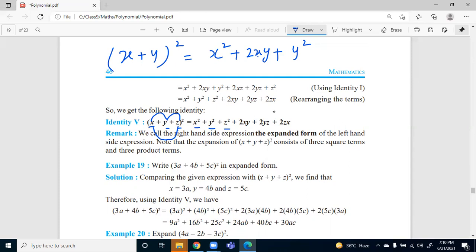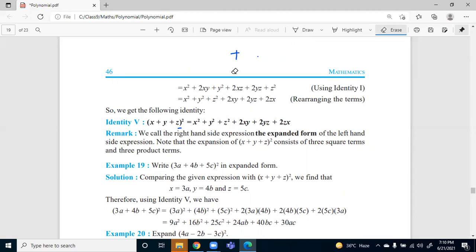So let's try example number 19. Example number 19 is 3a plus 4b plus 5c whole square, and you have to do it in expanded form.